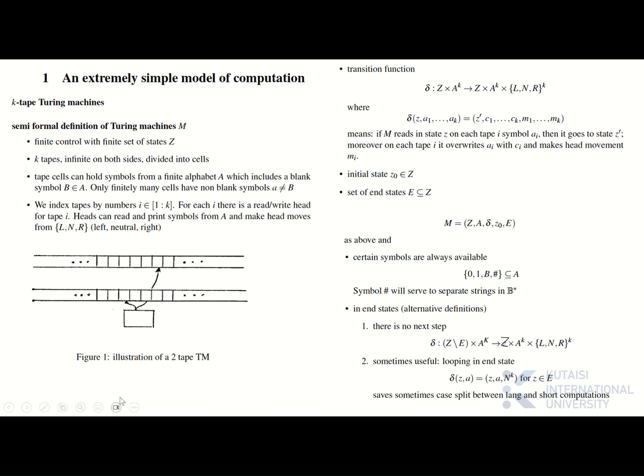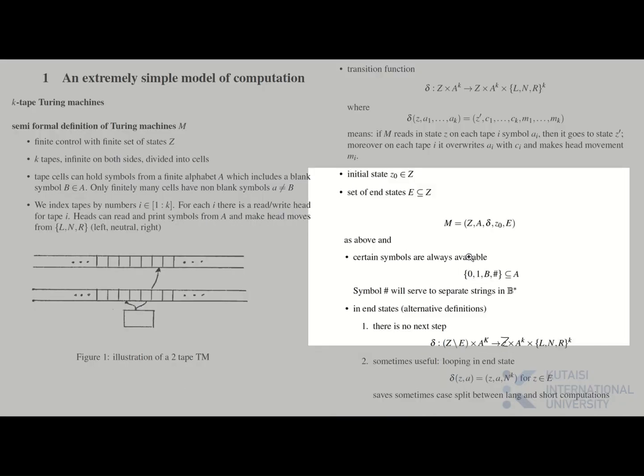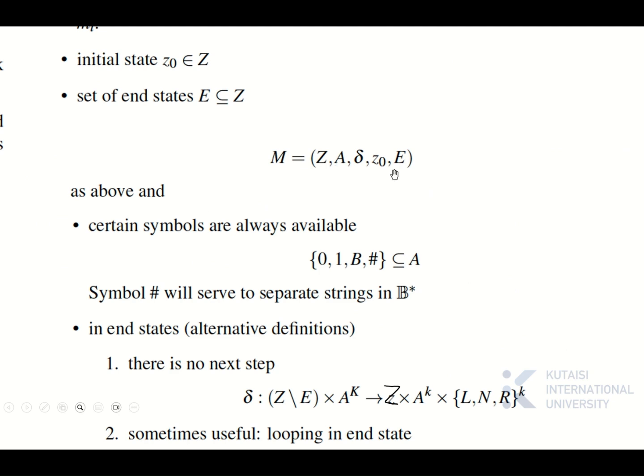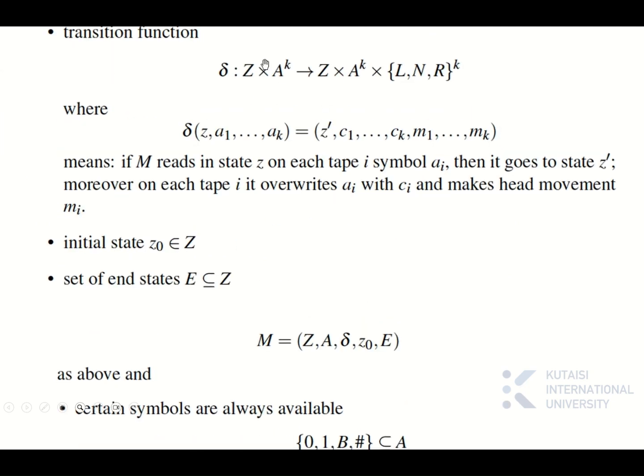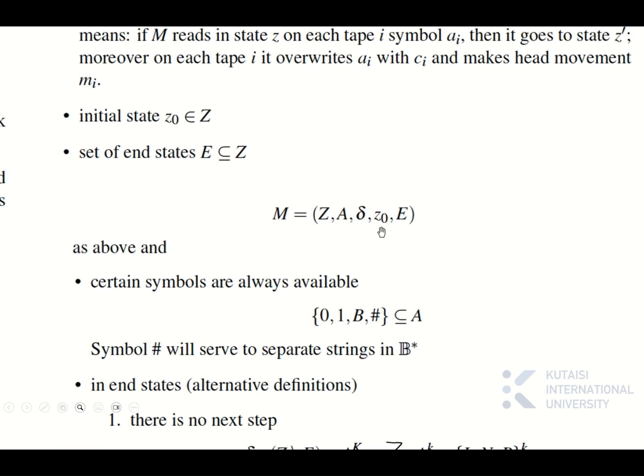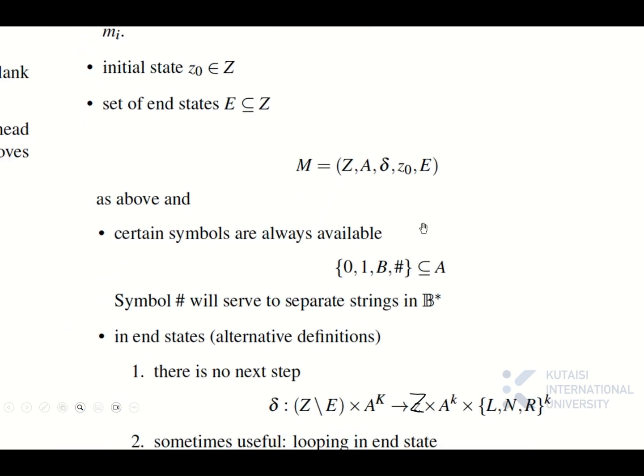So what is my Turing machine, defined mathematically? It's 5 things: states, alphabet, transition function, which is something like this, start state and end states. And we will always assume, just for simplicity, that 0, 1, blank, and hashtag are always available.